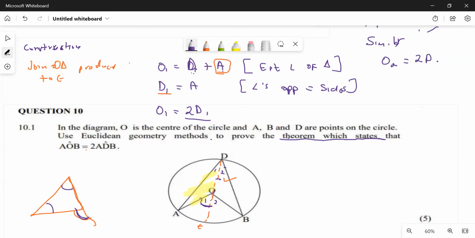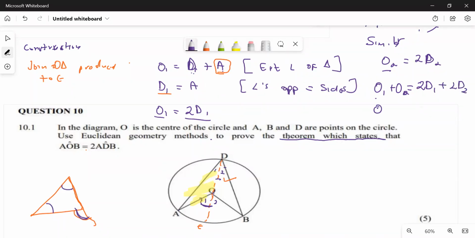Now what is O1 plus O2? Instead of writing O1, I can write 2D1, and O2 can be written as 2D2.